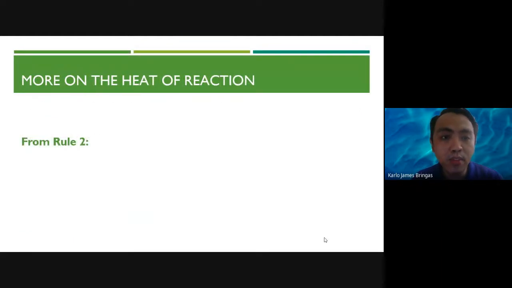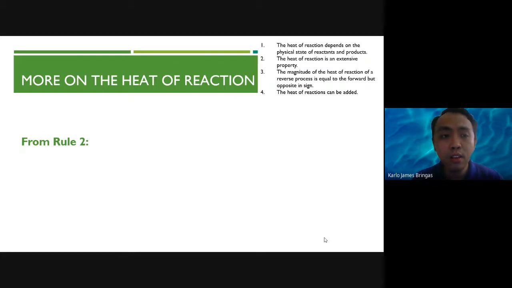So what we have is the following. First, we can just summarize all the given information we had earlier. First, we have the 4 rules that were laid out earlier, that we can use to compute delta HRXN.